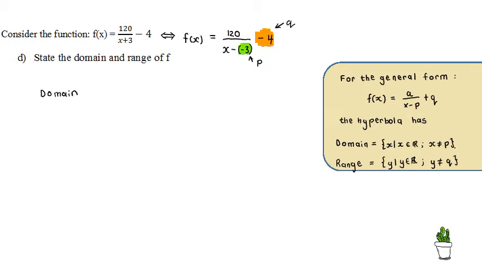and this notation over here is called set builder notation, is equal to x such that x is an element of all the real numbers. However, x cannot equal a value of minus 3 in our case. That's where we had our vertical asymptote. Another way that you can state this answer is using interval notation.